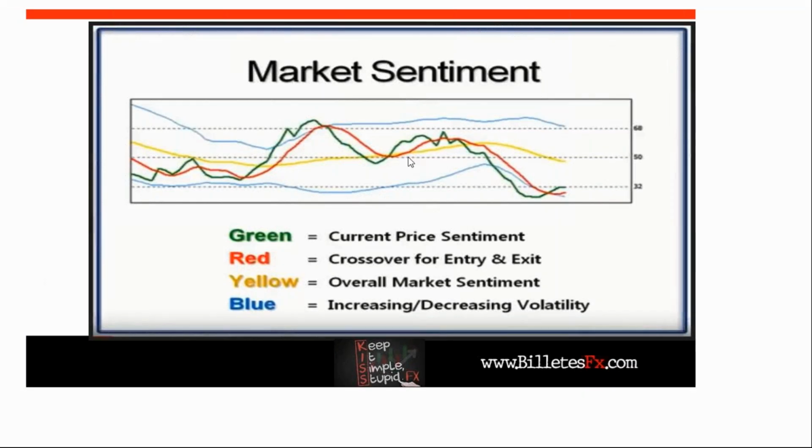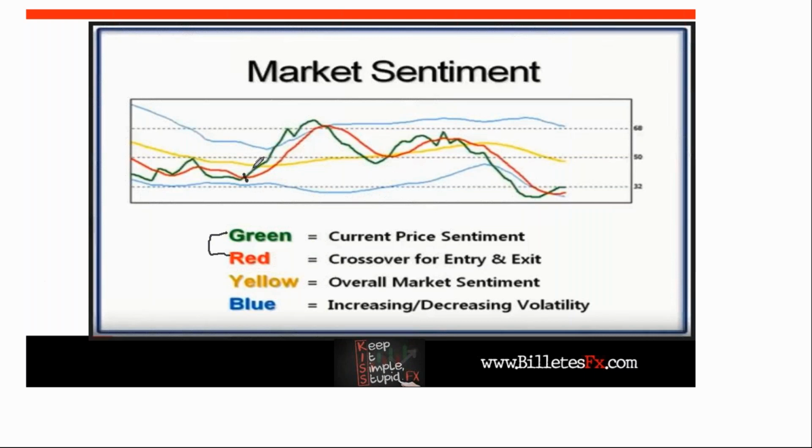Look at what's happening on the chart right here. When the current price crosses over, that's your entry when you buy. When these two cross over, that is pretty much your signal to buy in this example.